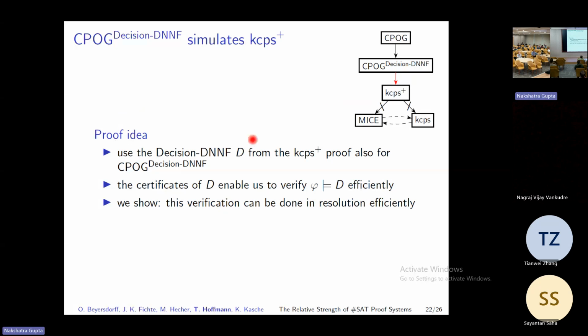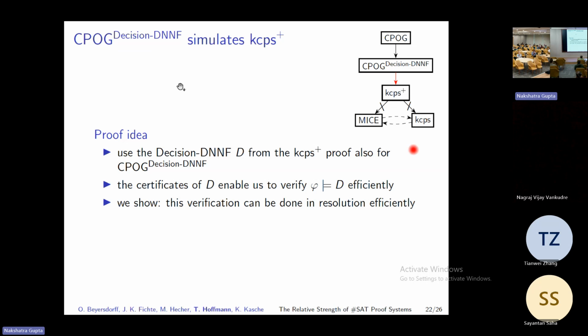And now we can show that this system simulates KCPS+. And the idea is, again, not too difficult because in a KCPS+ proof, we have already some certified decision DNNF. And this decision DNNF can just be reused for the CPOC proof.